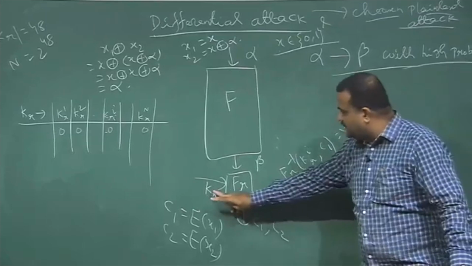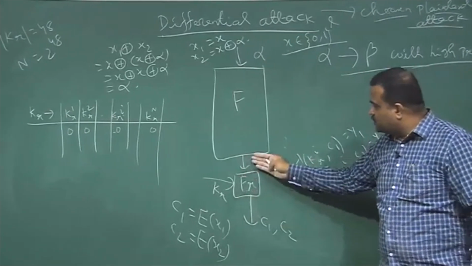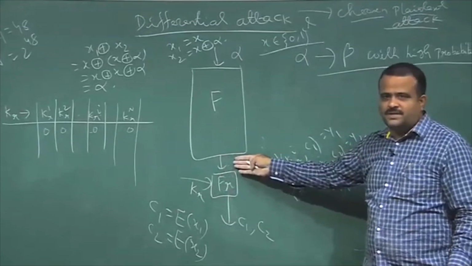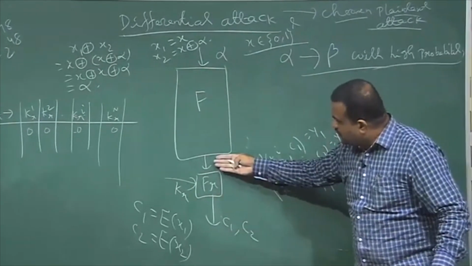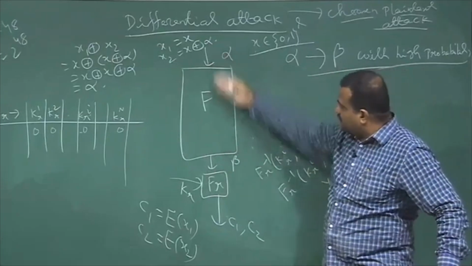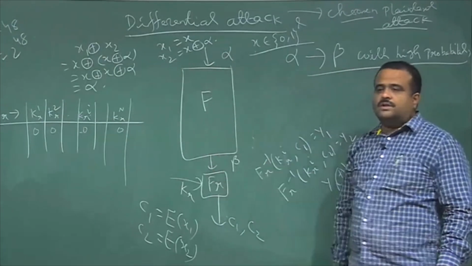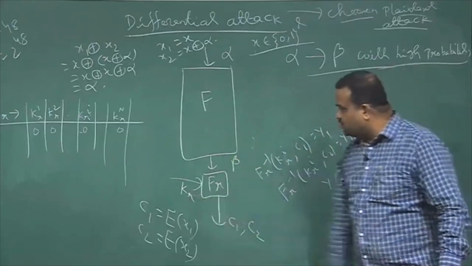If KRi is the correct key, then it should give us the difference beta here, because beta is the output difference of F if the input difference is alpha. We have to reach here, so we need to know this KR.